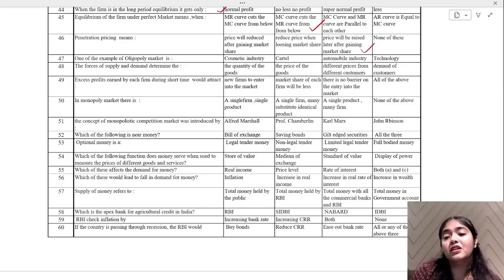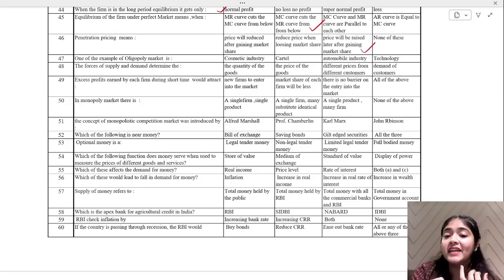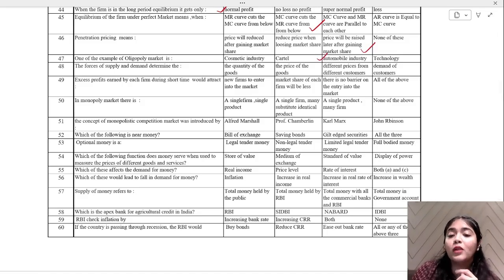That's option number three. Now, one example of an oligopoly market: cosmetic industry, cartel, automobile, or technology. What do you think is the example of this industry? Yes, we are waiting for your answer. Yes, that is correct. Automobile industry. It is an oligopoly market.